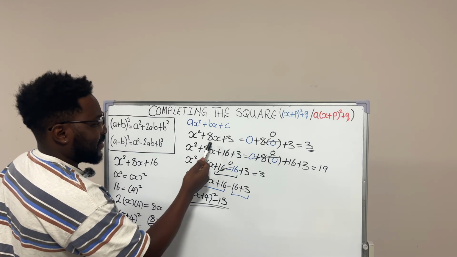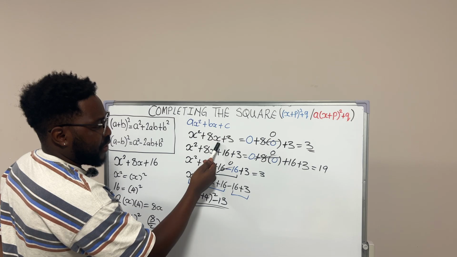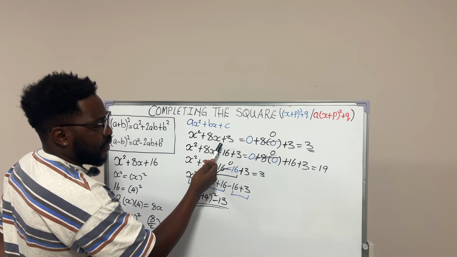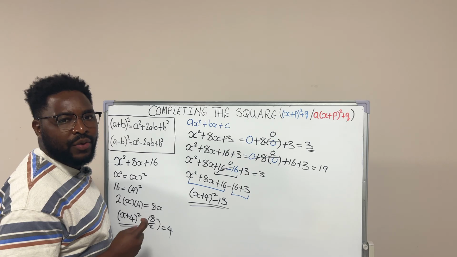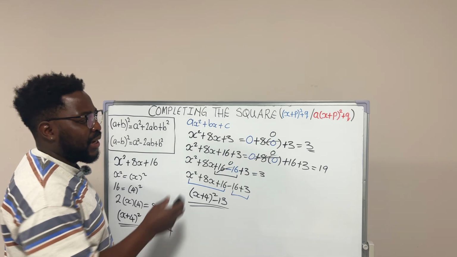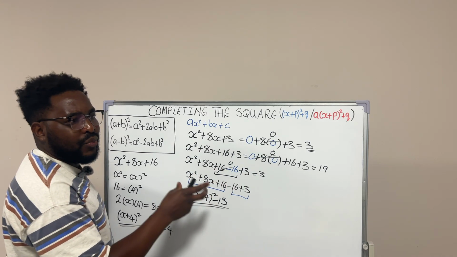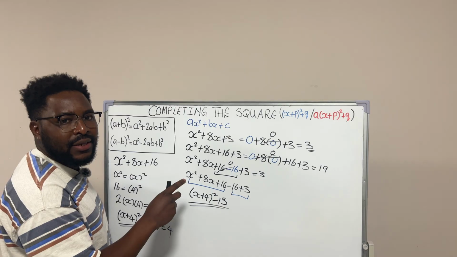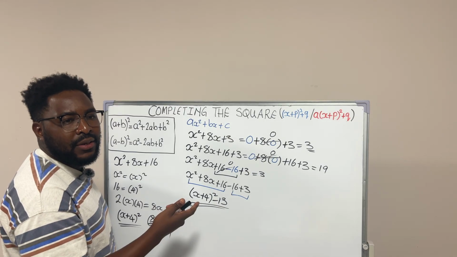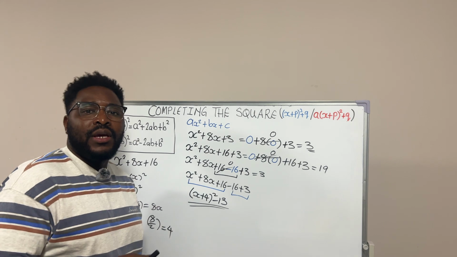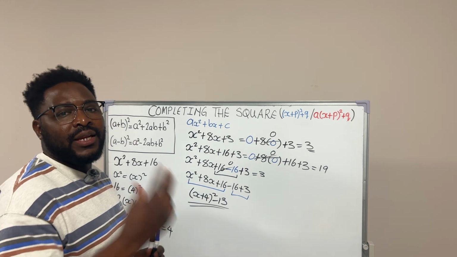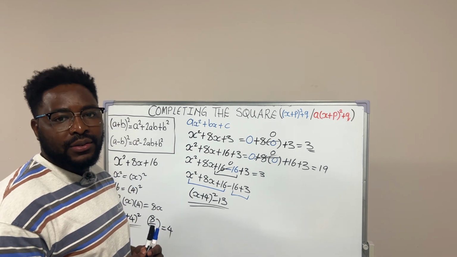If we add a 16 to this equation over here, then we'll be able to transform it into a perfect square trinomial, right? But then later, we learned that we just don't add the 16, we also subtract it. But then the question is, what if we have a different quadratic expression? How then do we find that number that we can add and subtract?